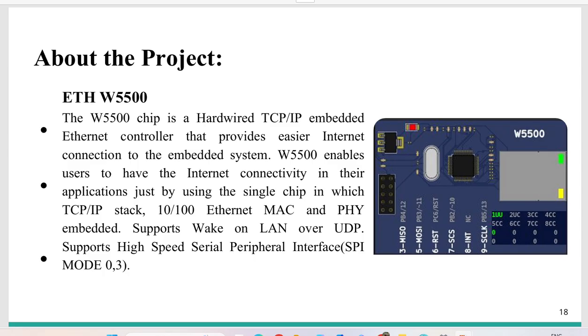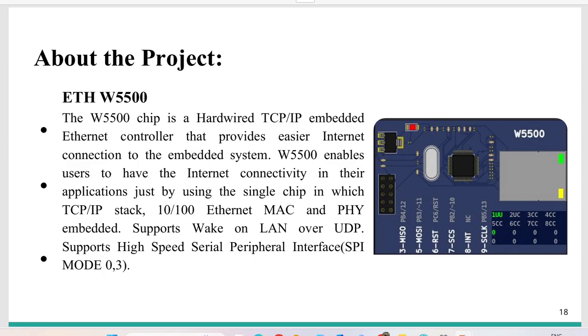W5500 enables users to have Ethernet connectivity in their applications just by using a single chip, in which TCP/IP stack, 10/100 Ethernet MAC and PHY are embedded, supports wake on LAN over UDP, supports high-speed serial peripheral interface SPI mode 0, 3.